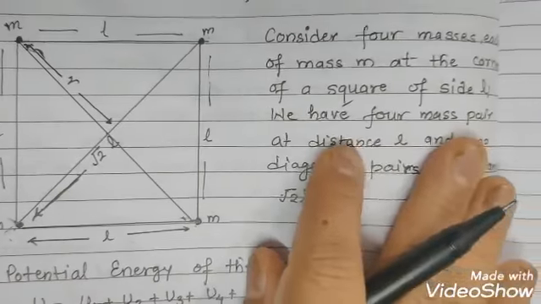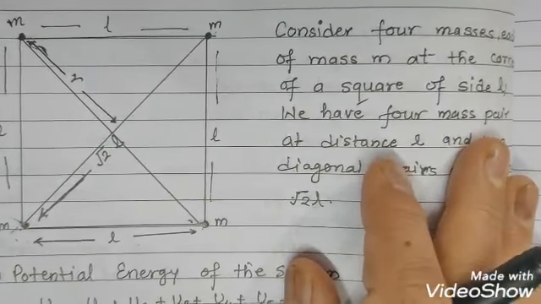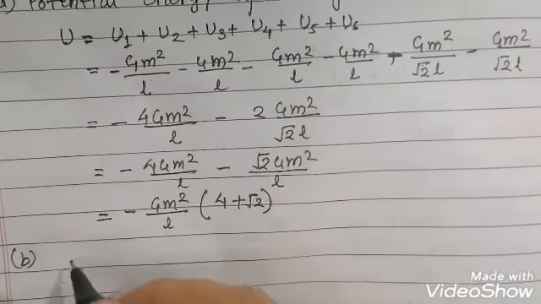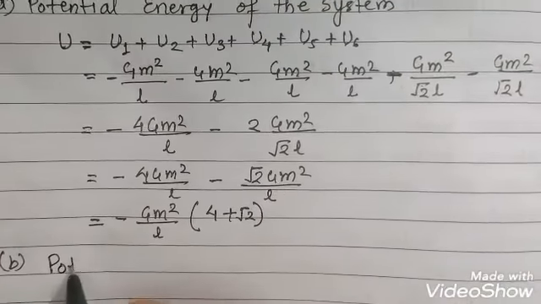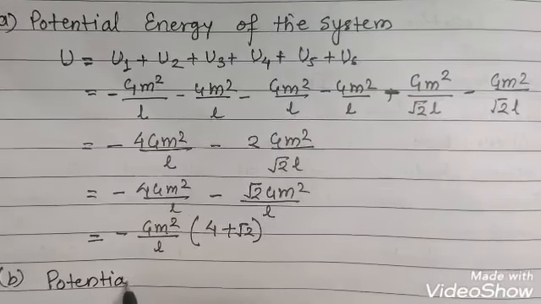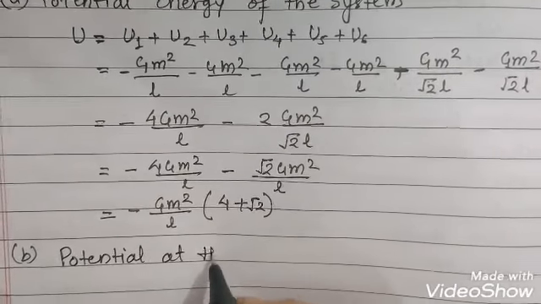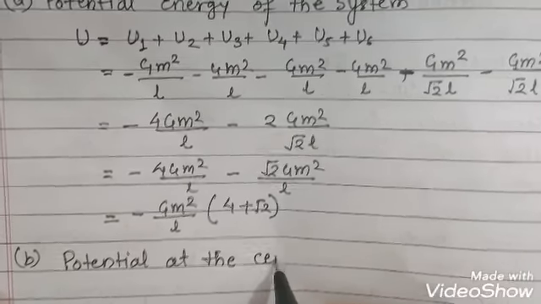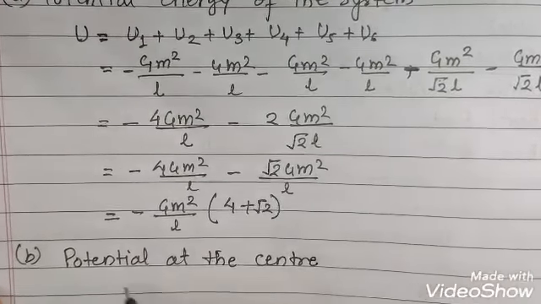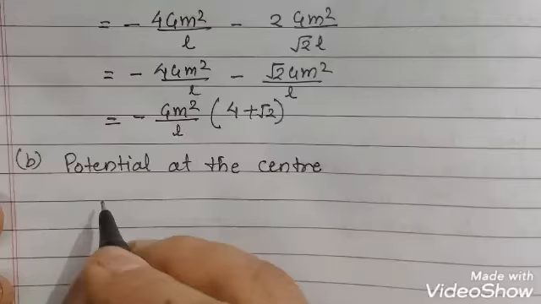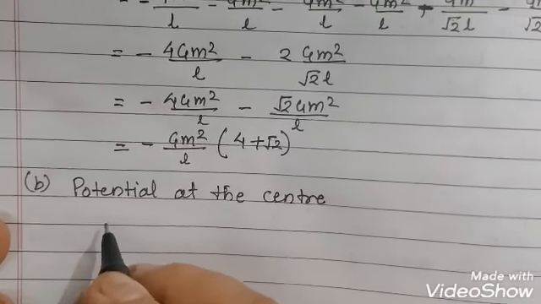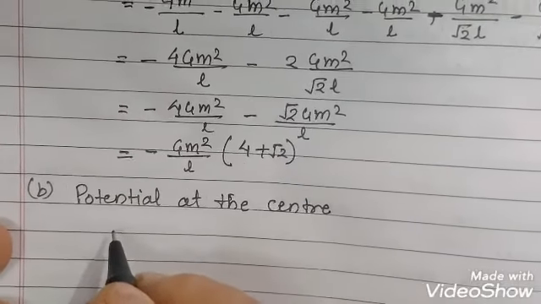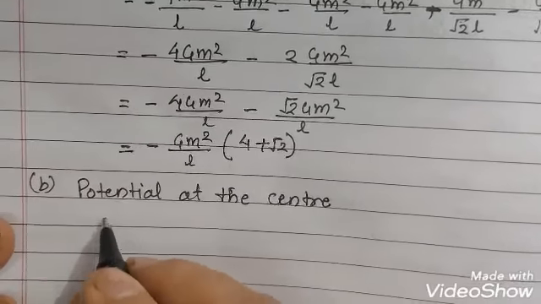So at the center of the square, the potential at the center is because of the 4 masses at the vertices.